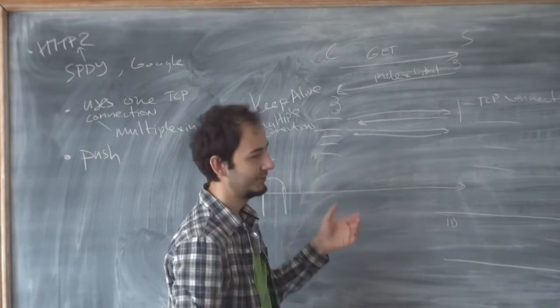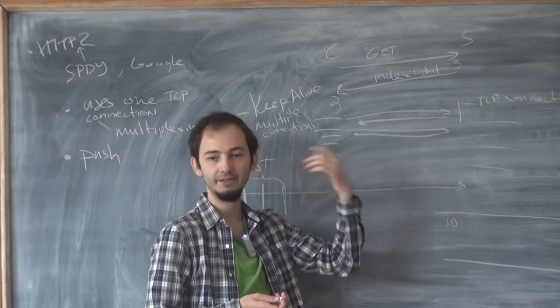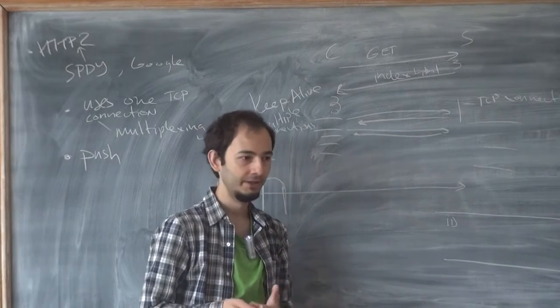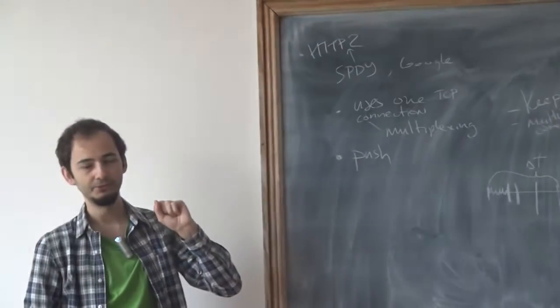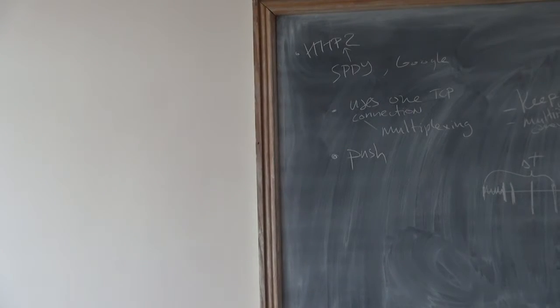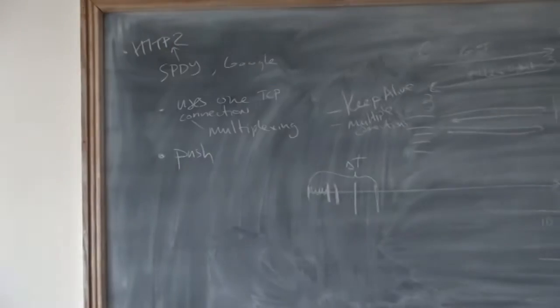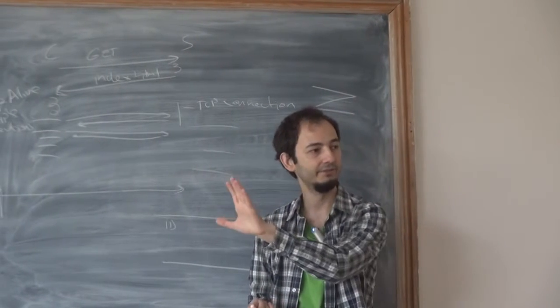And it could be a CSS file that is included in the web page, an image, and so on. In other words, with server-side push, you don't have to wait. As a server, you don't have to wait for them to ask you for this image. You give it to them proactively without waiting.